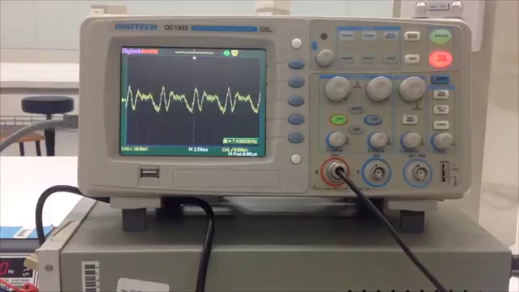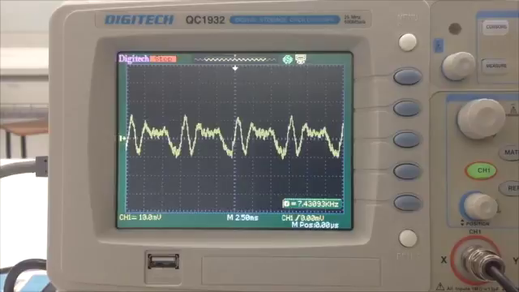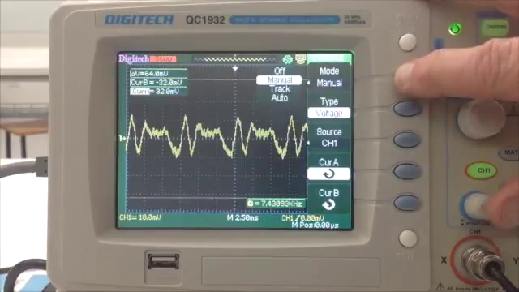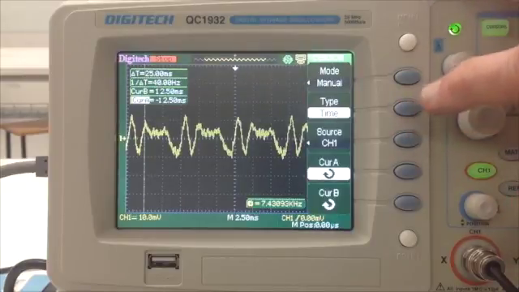So what we'll need to do now is zoom in on that to have a closer look. And I'm going to select the cursor again to measure time. So we'll go to select cursors, manual cursor, time measurement.